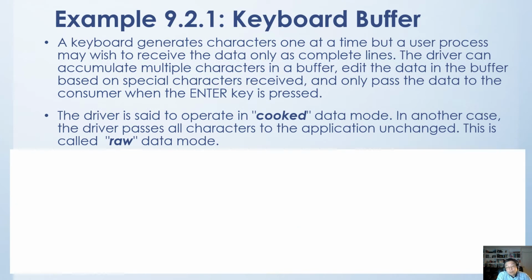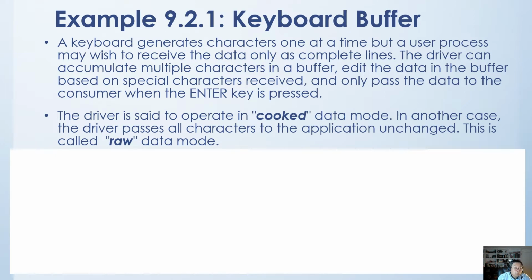Now let's take a look at an example of the use of buffers with a keyboard device. A keyboard generates characters one at a time. When you press a key on the keyboard, a character is generated, and when you press another key, another character is generated, one at a time.